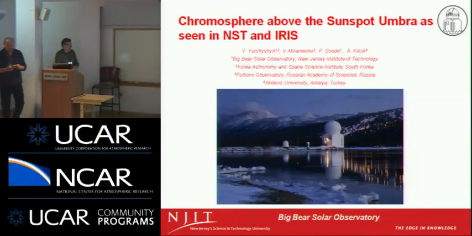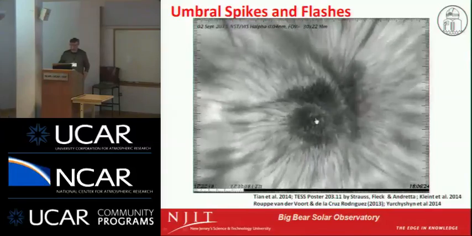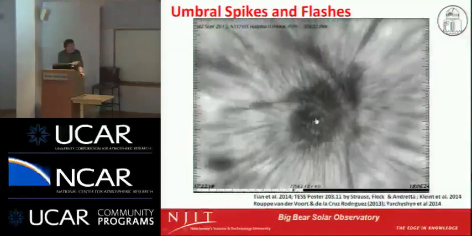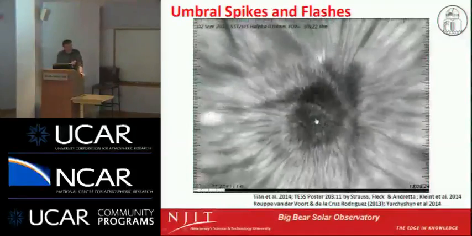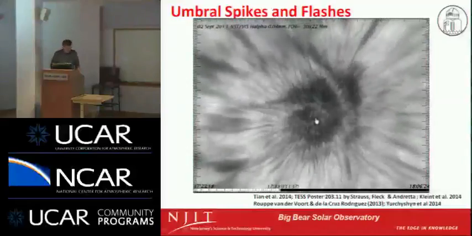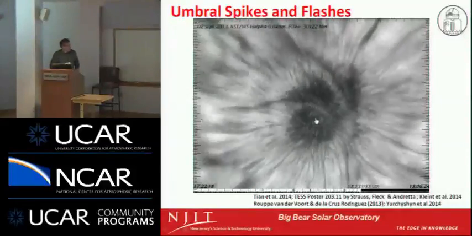Yeah, thank you. I would like to present some data and findings from two joint observations between IRIS and NST, and the studies focused on sunspot observations. And here's an example of the data set that we used. It's a sunspot observed near the center of the solar disk. And essentially, you can see a lot of different dynamics and flows.